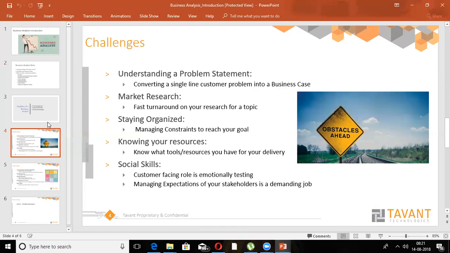So the biggest problem is to figure out what the problem is. Sometimes you will just get a single line statement. For example, can you fix the cash management process? Say cash management has gaps, with revenue losses of say $2 million.